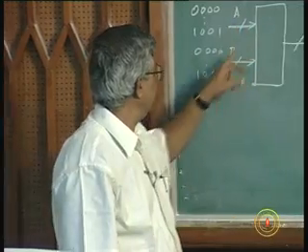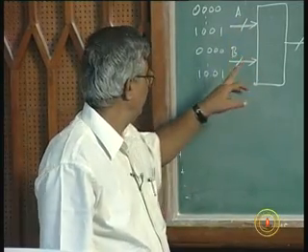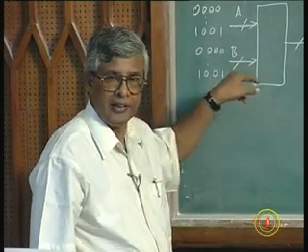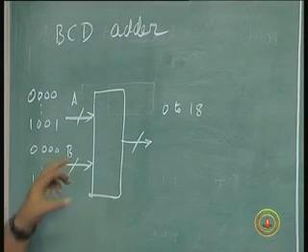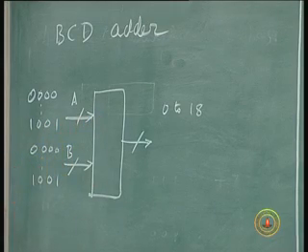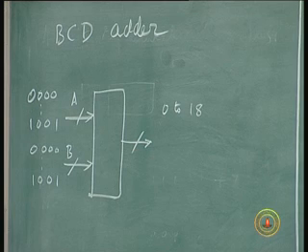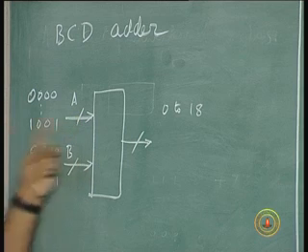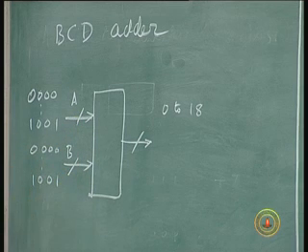If the result is 11, let us say 8 and 3, suppose this is 3 and this is 8, the result will be 11. As far as this is concerned, it is a binary adder, not a BCD adder. The BCD adder is only in my mind, in my concept it is BCD, but the adder is a binary adder.